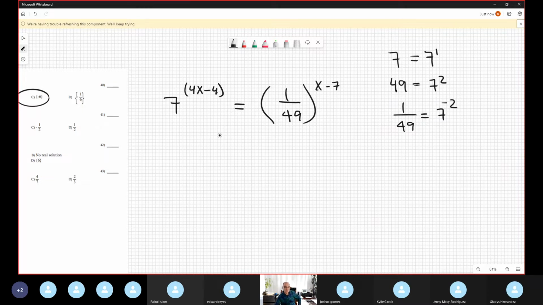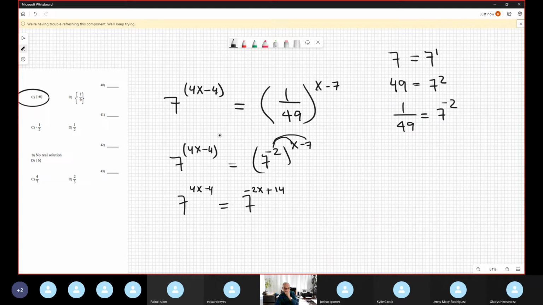Now, 7 raised to the 4x minus 4 is equal 7 raised to the minus 2 raised to the x minus 7. Okay, this is 7 raised to the 4x minus 4 is equal now multiplication 7 to the minus 2x plus 14. No? You multiply this times this and this times this.